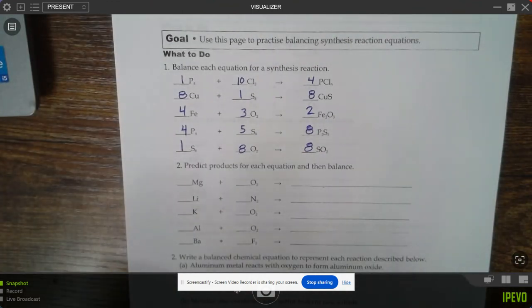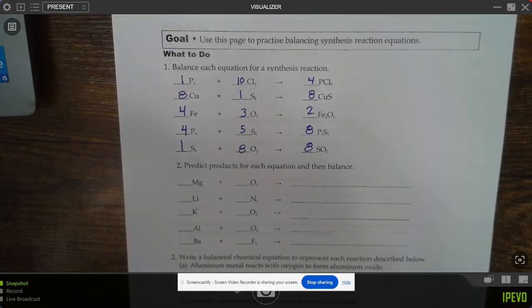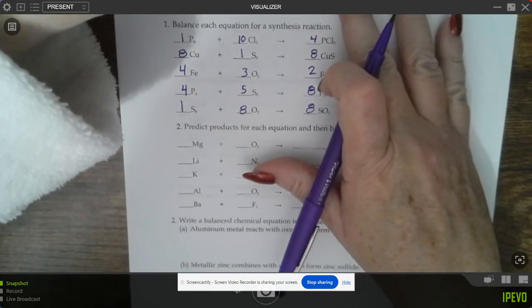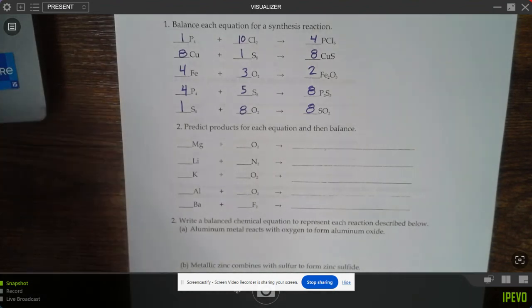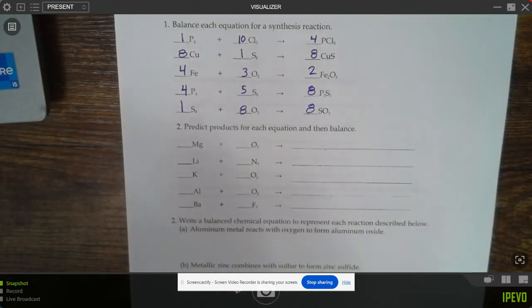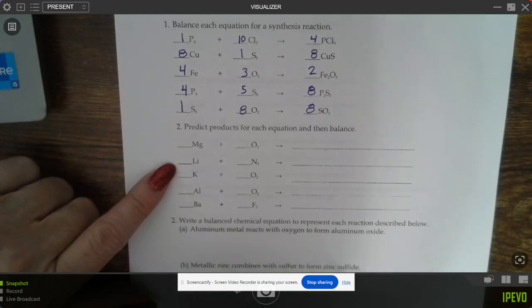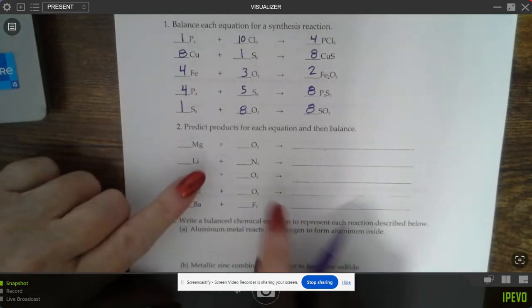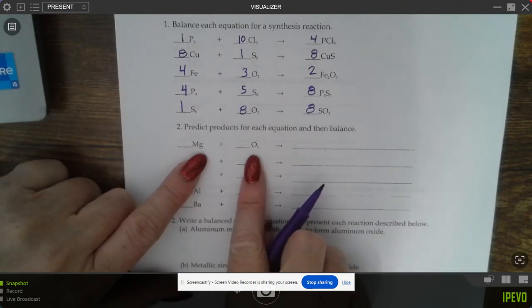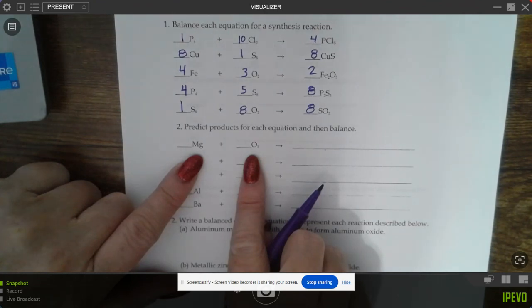Okay. All right. So this next group asks us to predict products. And I know some of you have struggled with this. All right. So we're just going to take a step back and do some synthesis. You know it's synthesis because it's just 2 elements reacting. Those 2 elements are going to combine.